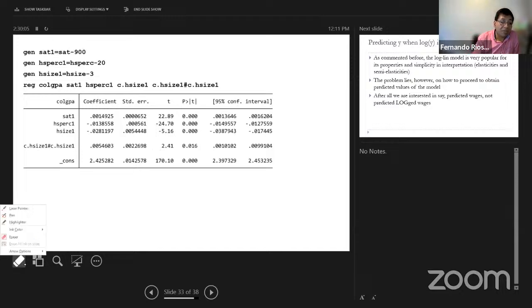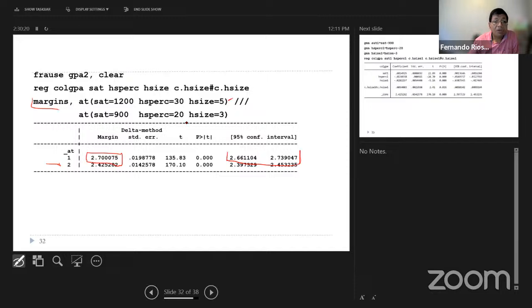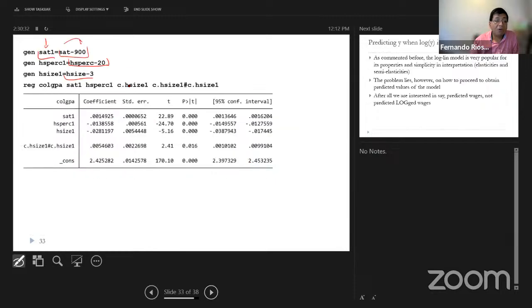I can recreate new variables by just transforming the characteristics and centering them at the values of interest. So what I had before was that I wanted to estimate the predicted values for somebody with these characteristics. And instead of doing that, what I'm doing here is transforming all of that by creating new variables centered at exactly these values.